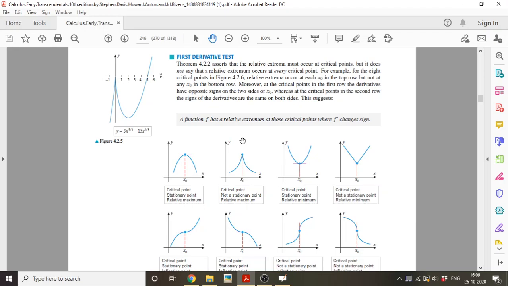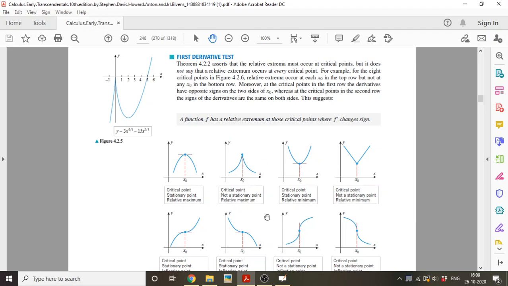So we will get the critical points. Now if your first derivative is changing its sign about the critical point, such critical points will lead to either a local maximum or local minimum. Here 8 graphs have been shown.